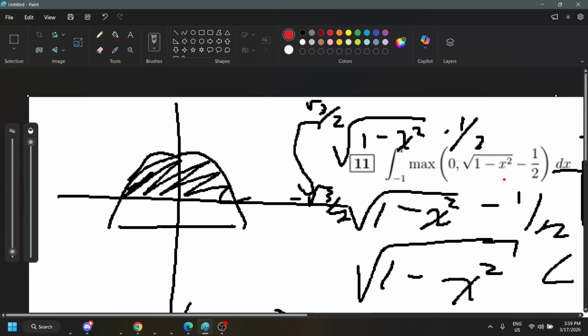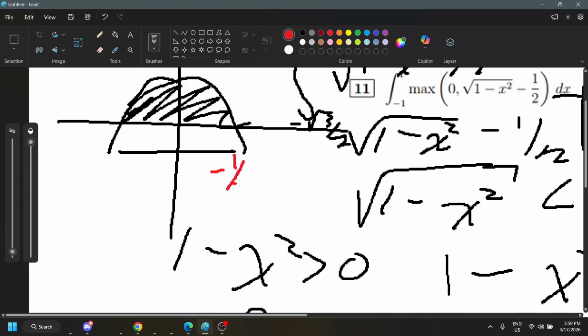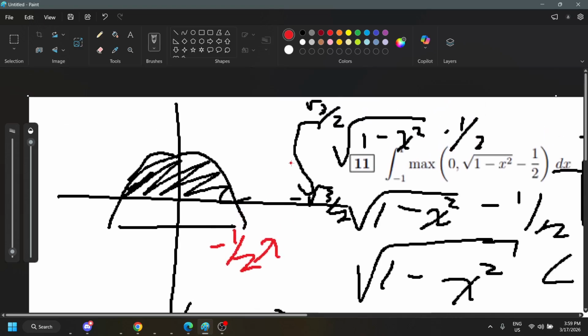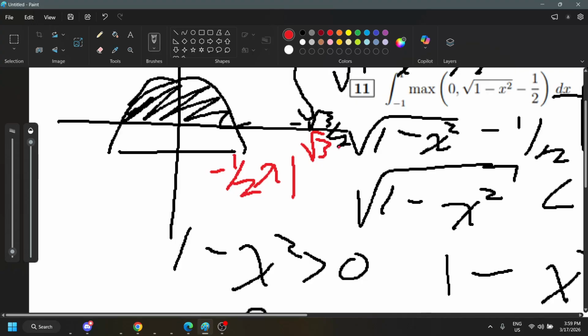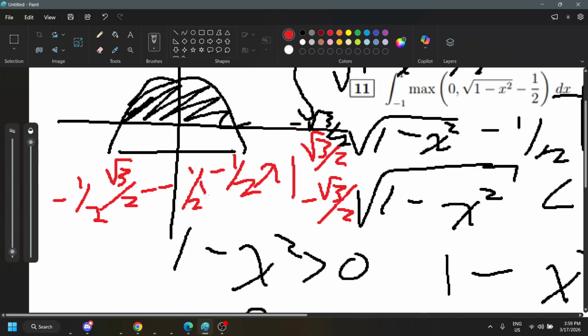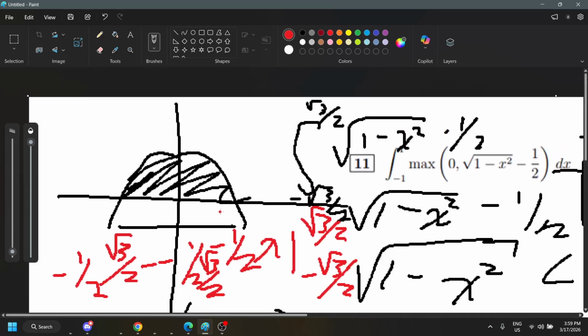If you were to look at this 1/2 part, if I were to have done this, we'd have gotten minus 1/2 x, and then from root 3 over 2 to negative root 3 over 2. So we'd have just gotten negative 1/2 root 3 over 2, minus 1/2 root 3 over 2. Wait a second.